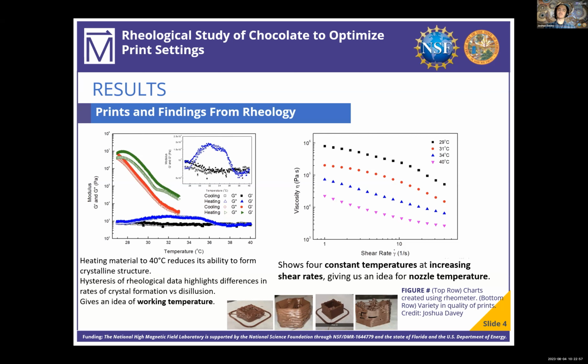And so if the temperature is too low or the shear rate isn't high enough, the material might become too viscous and may clog up the nozzle, or it might become too flowing, right? It'll just ooze out. So this chart on the right gives us a good indication to find a nice ideal working nozzle temperature.